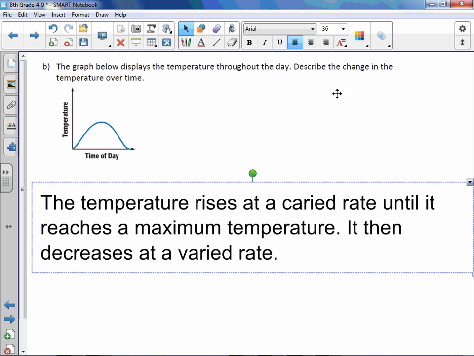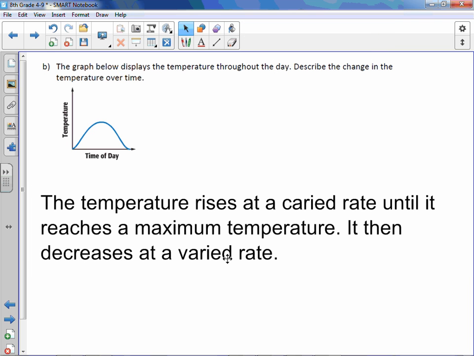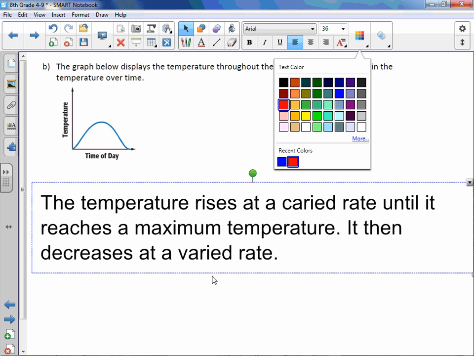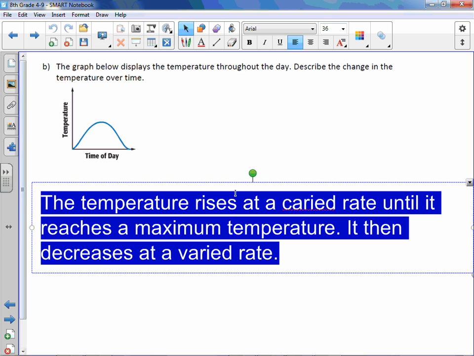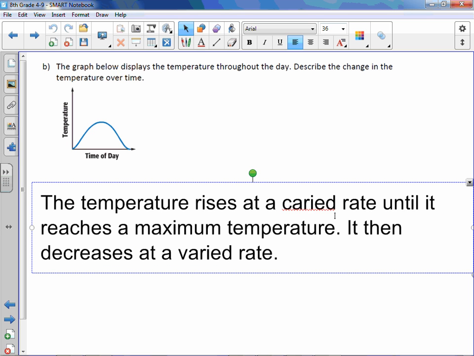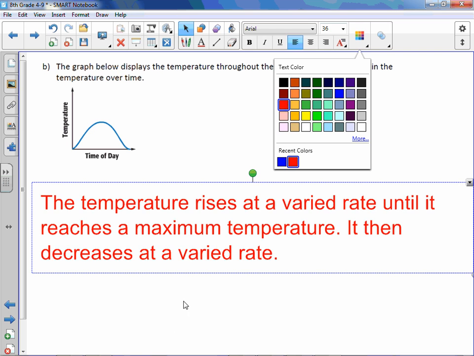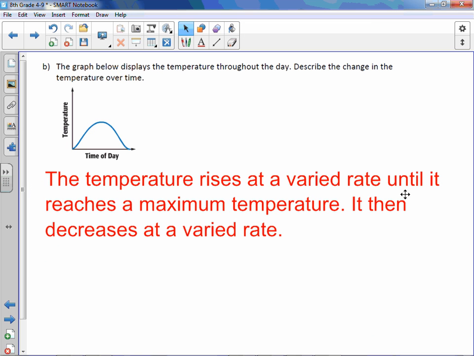Now I know it's not a constant rate because I don't have those straight lines. So varied rates, and this is again more notes.